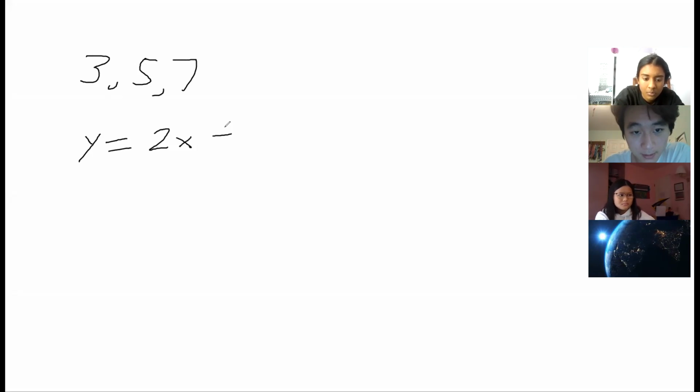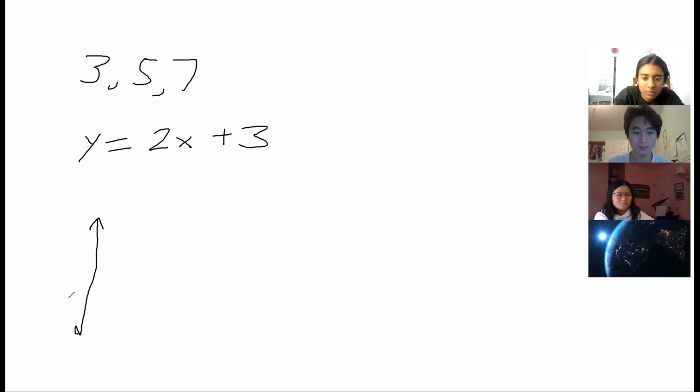Does this seem familiar? It's a linear formula. And you can see when x is 0, that's when y is 3. When x equals 1, that's when y is 5, and so on. So it's like a line like this.